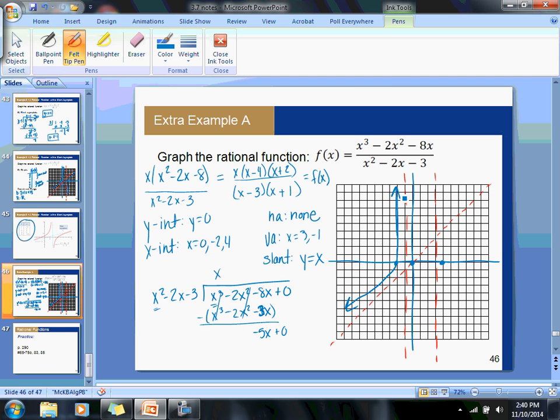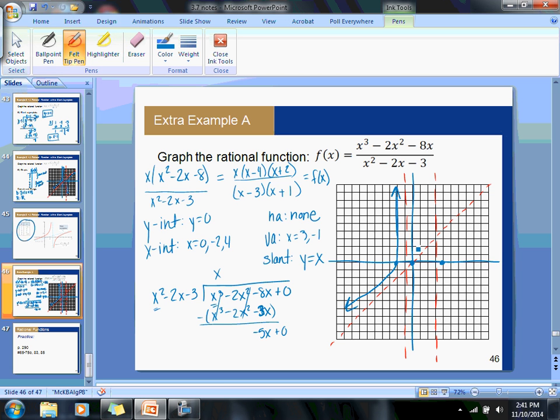Okay. For that middle region, there's a couple different shapes. I could get a U that stays up at the top, or I could get a U that stays at the bottom. But since I'm crossing my actual slant asymptote here, I'm probably going to have some kind of little zigzag action going on. So you could test negative 1/2, and that's going to get you a value that's below your slant.